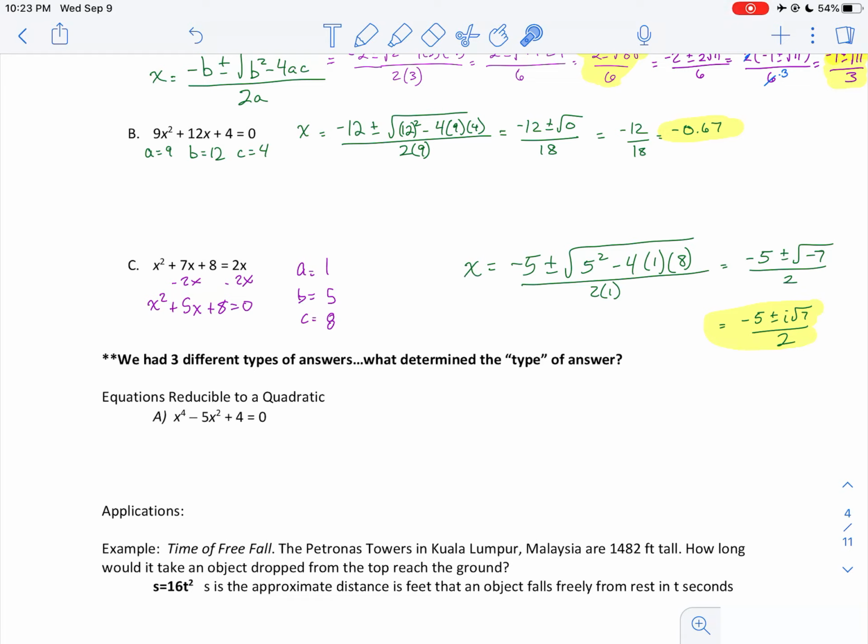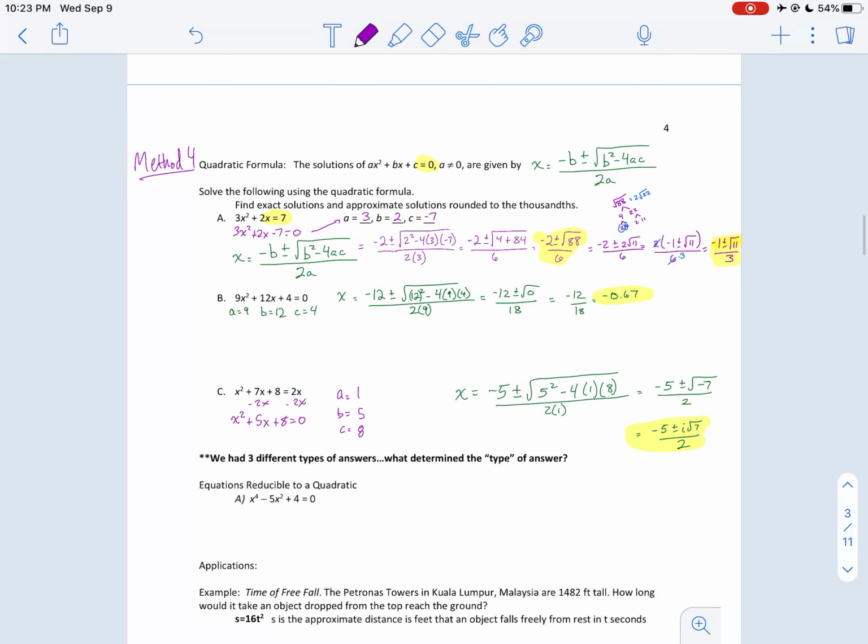All right, so just to point out, we had 3 different types of answers. We had the first scenario, 2 real numbers here, one positive, one negative. We had 1 real answer, and we had 2 imaginary answers. So what determines that? Well, if you look, it's the square root. What happens with the square root? Here the square root of 88 was positive, so it gave me real answers, and it gave me 2 answers.